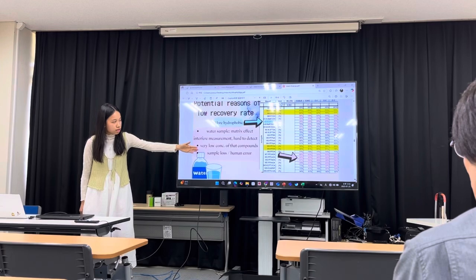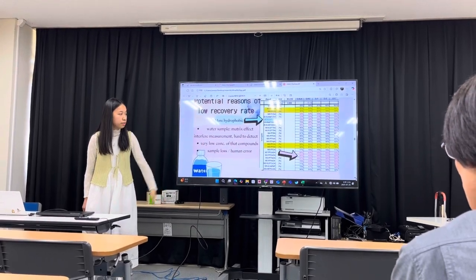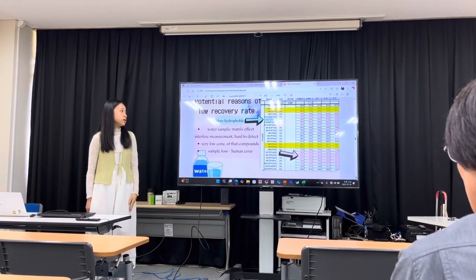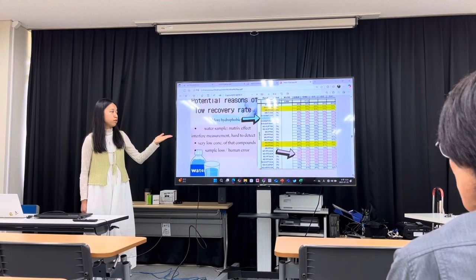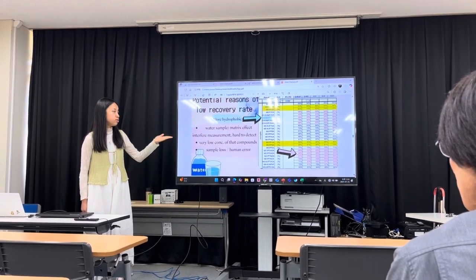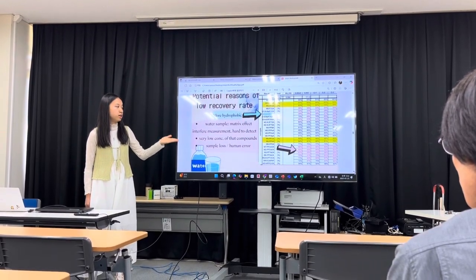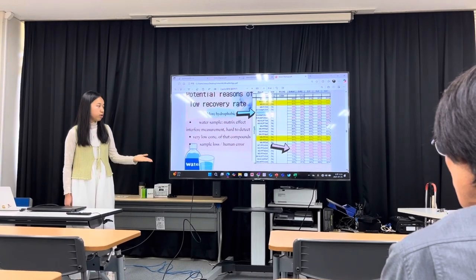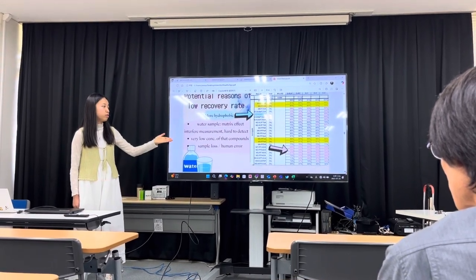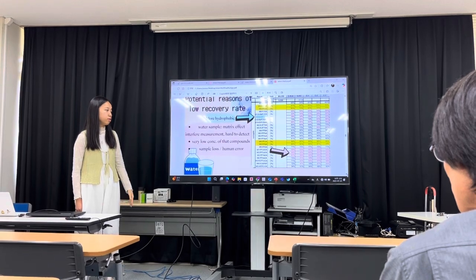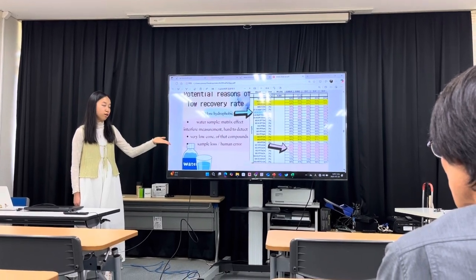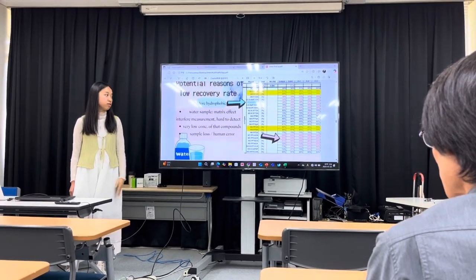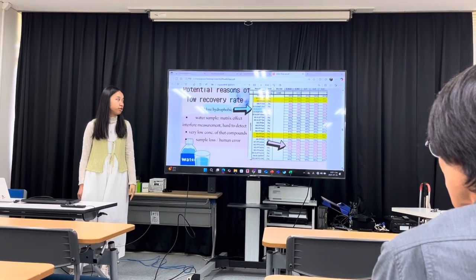And for this pink one, the pink arrow pointing at that one, it is a water sample which is causing the matrix effect. This will interfere with measurement and make it hard to detect this PFAS element. So maybe also because it has very low concentration in that water sample, or some sample loss and human error may cause this low recovery rate.